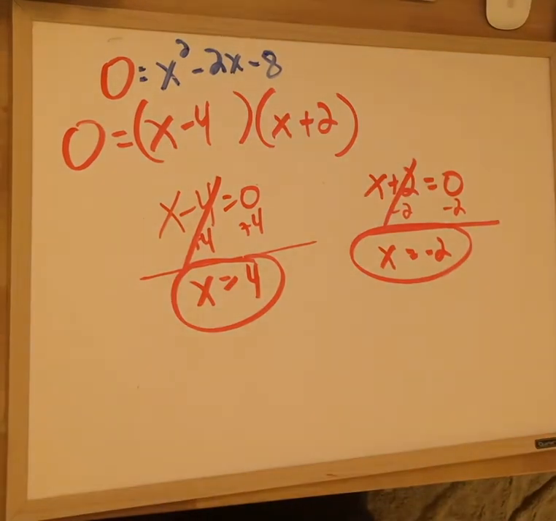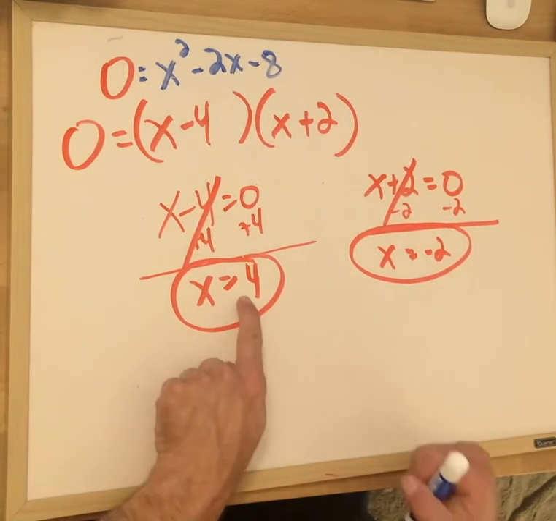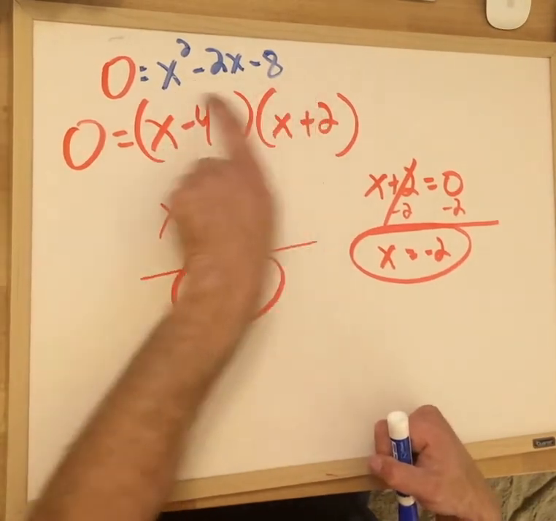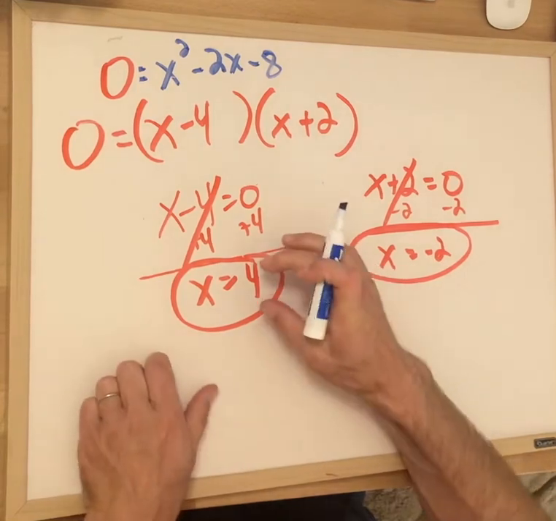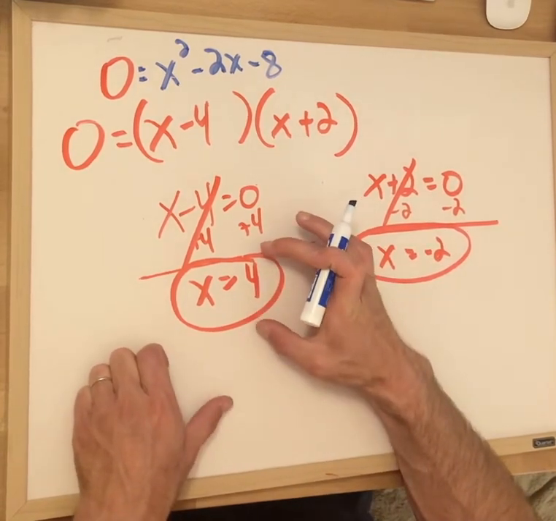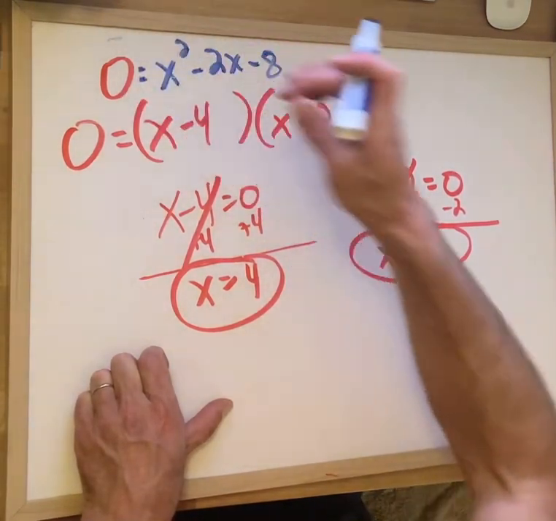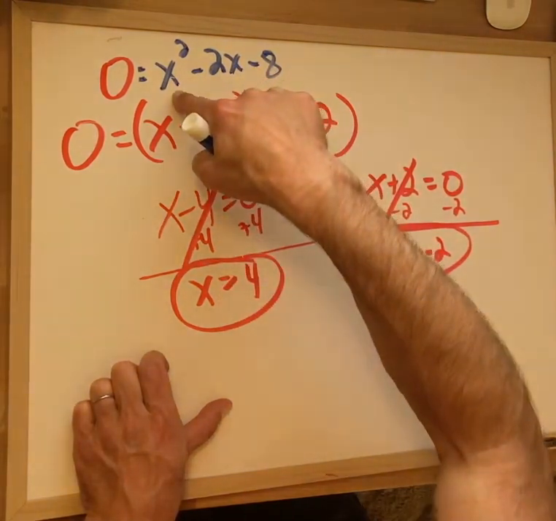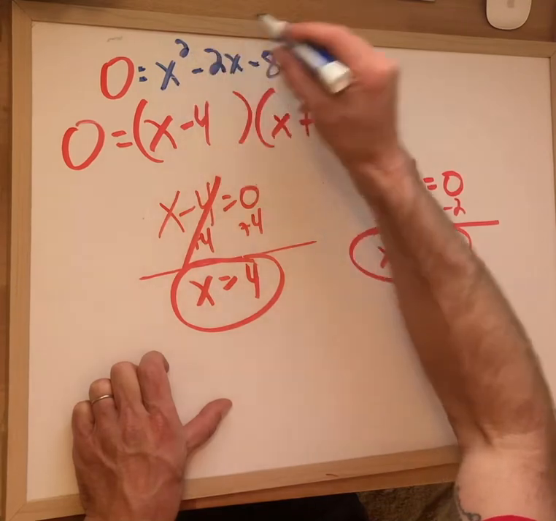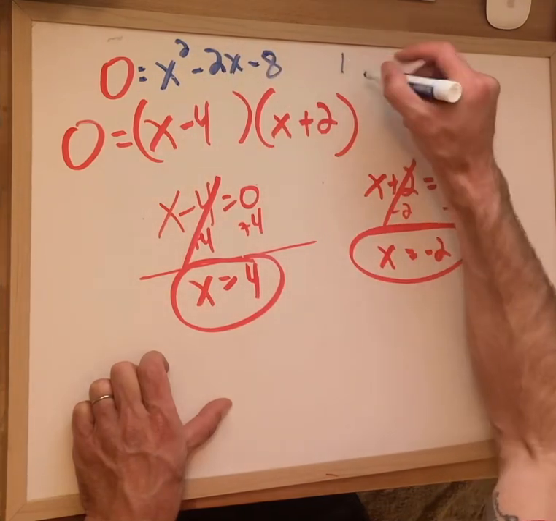So what that means is, if I plug a 4 back into my original equation, I'll get 0 as an answer. Well, let's look. You don't have to plug it in, but I'm just showing you. If I plug a 4 into here, I'm going to get 0 as an answer. So it would be 4 squared, which is 16.